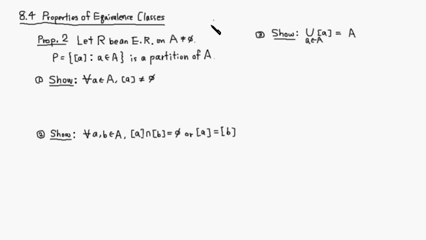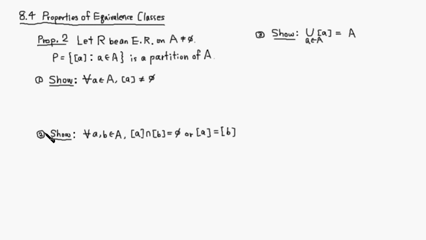If you remember from chapter 1, the definition of a partition is that each subset has to be non-empty, so it's got to have at least one element. Also, they have to be pairwise disjoint, which means that if you pick any two of these, they're either disjoint, meaning they don't have any common element, or they must be identical.